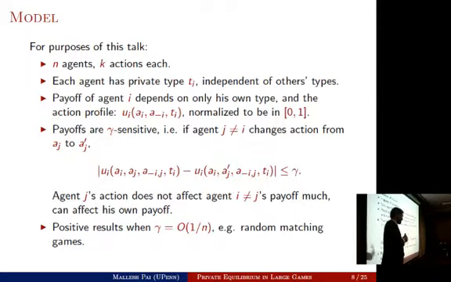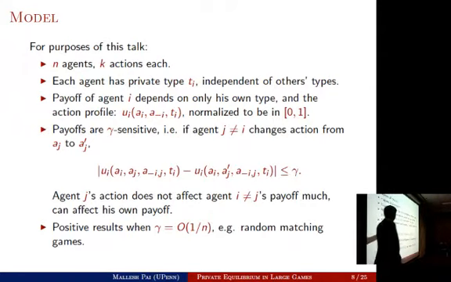So in particular, just given your type, you don't learn anything about anyone else's type. Your payoff depends on your action, everyone else's action, and your own type. So this is a private type setting. We normalize payoffs to be in [0, 1].